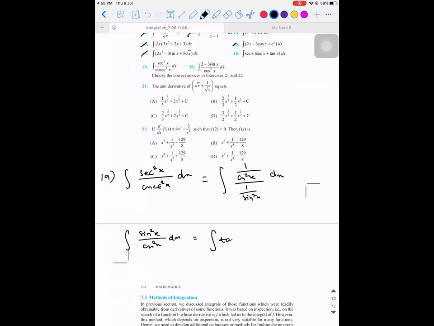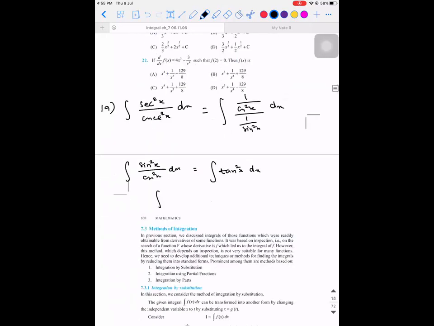So that is integral of tan square x dx. Derivative of which function is tan square? Nothing, right? So tan square, I will write as secant square x minus 1. There is an identity: secant square x minus tan square x is 1. So I wrote tan square x as secant square x minus 1.